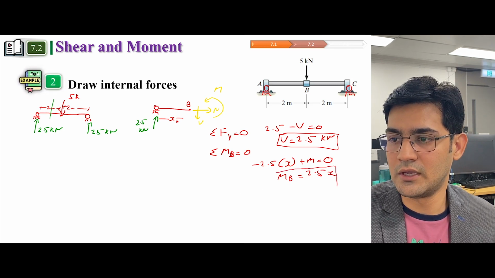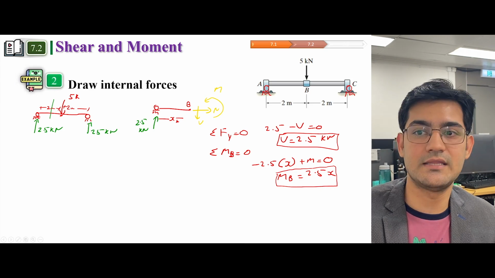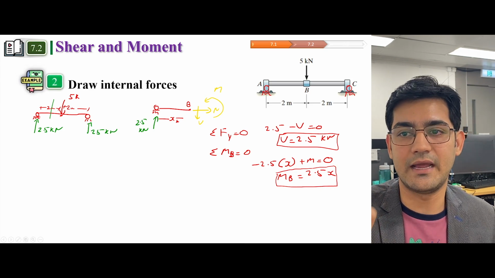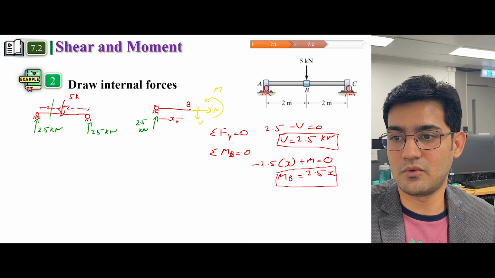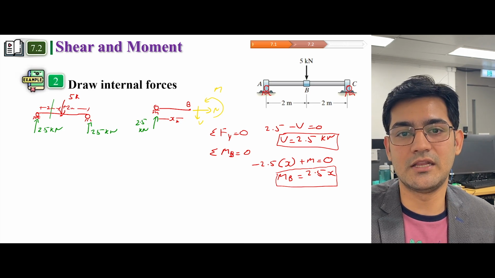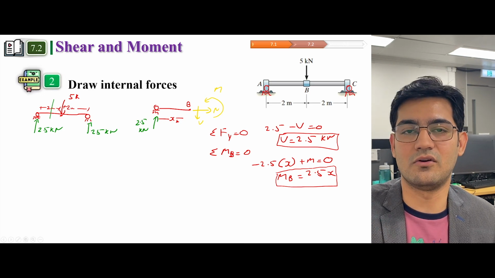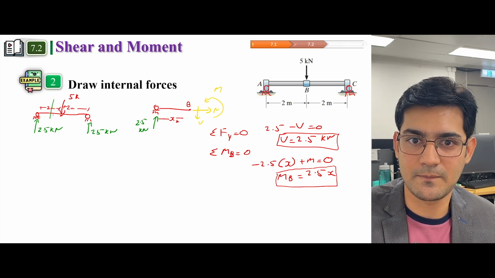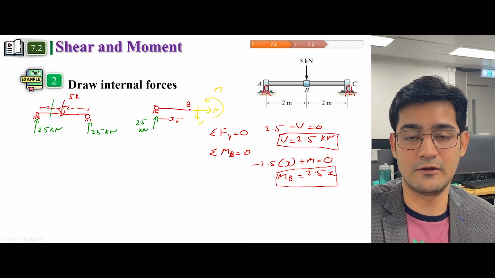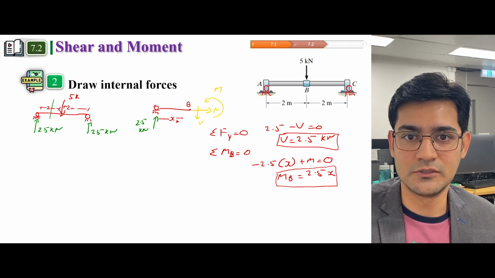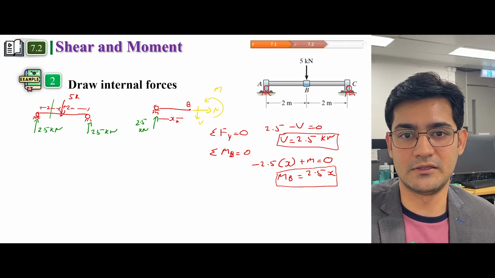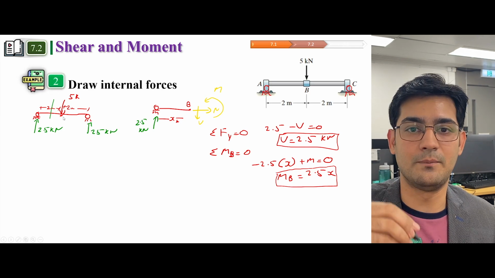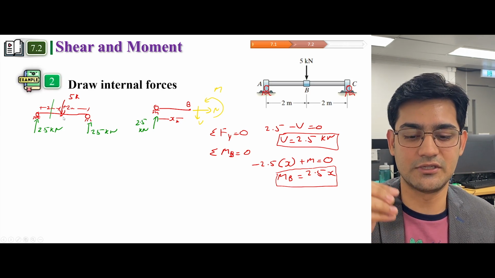Now you can put in the value of x and calculate the moment at point x. But it is only applicable as long as you have continuity of the forces. I will explain this later and it will become more clear. But for now, you can see that from here to here there is continuity. There is no abrupt change in the force actions.